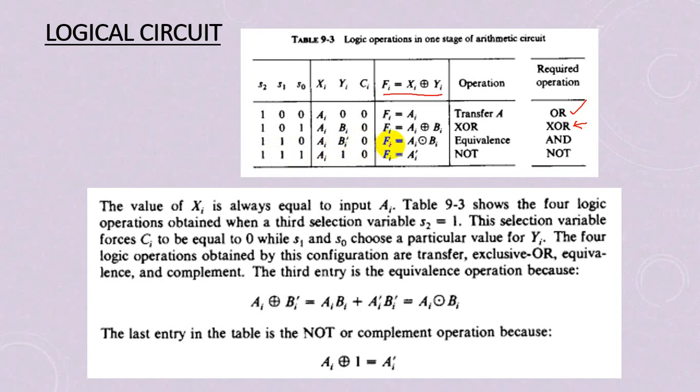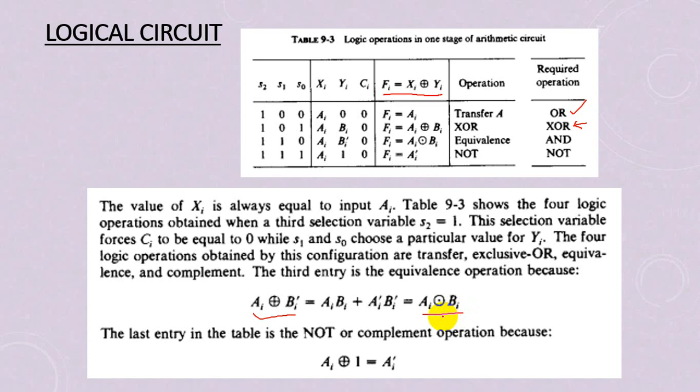In that case, with the same hardware, it is X exclusive OR B bar, that is, A exclusive OR B bar. If you simplify it, we get the exclusive NOR operation: AB or A bar B bar. This is the exclusive NOR gate.